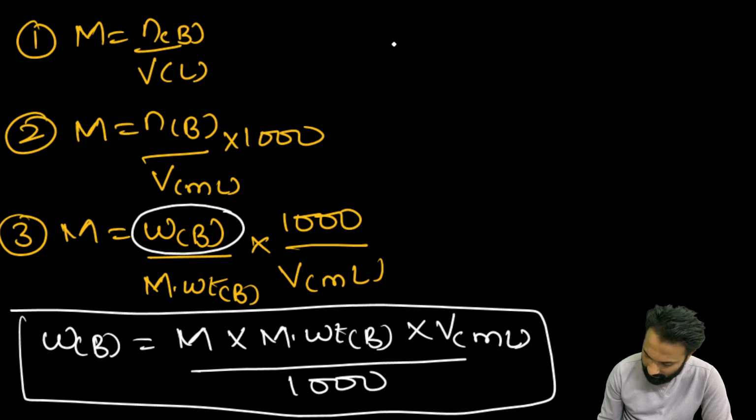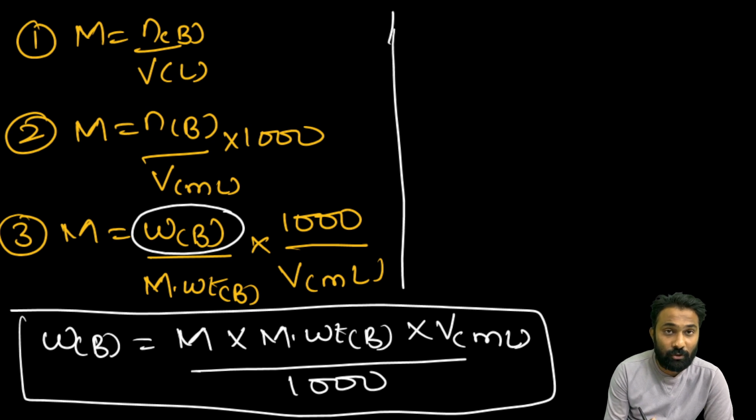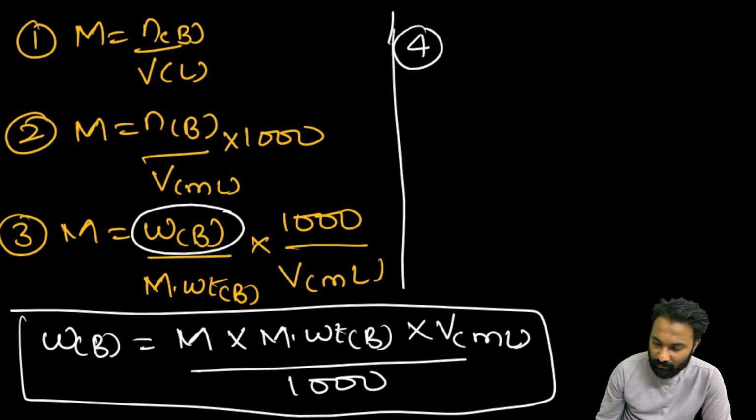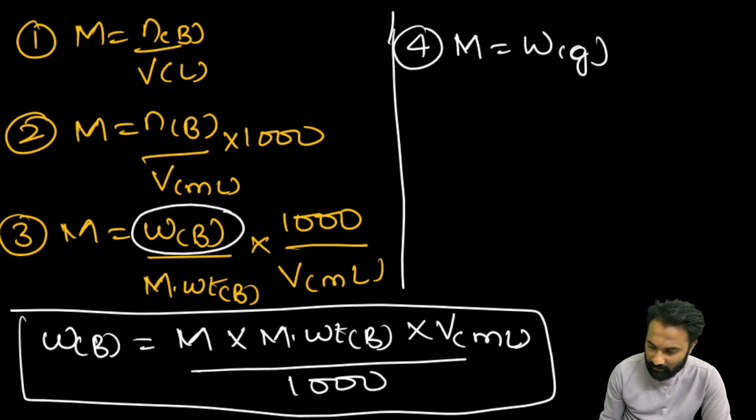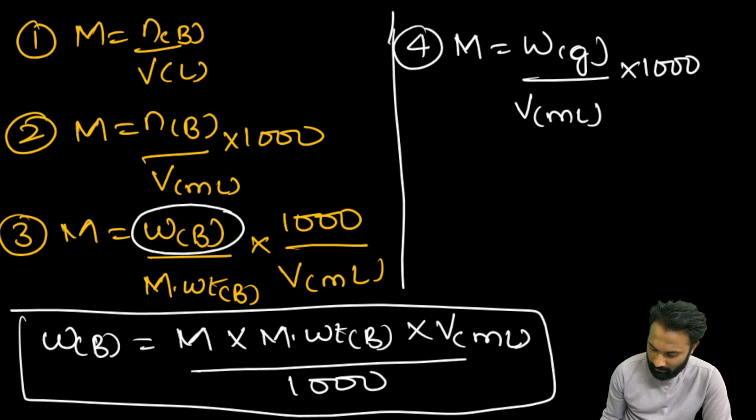Next, the next formula we are going to derive. Now listen carefully, here you may get somewhat confused. The fourth formula: molarity is equal to the weight of solute, in grams, by the volume of the solution in ml, into 1000, into molecular weight of solute.